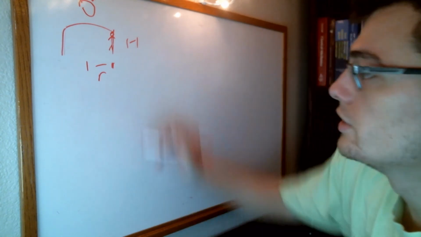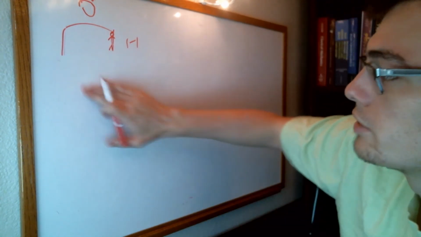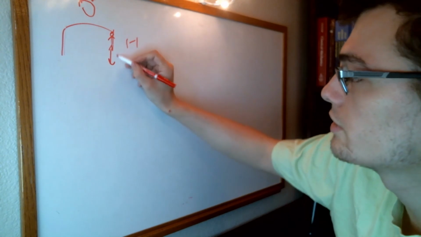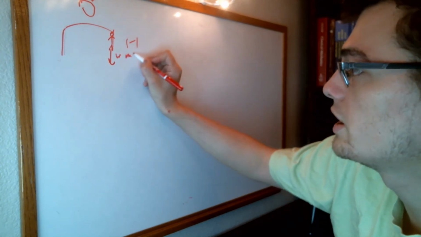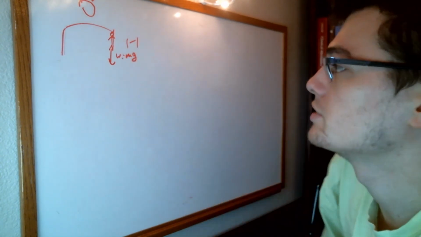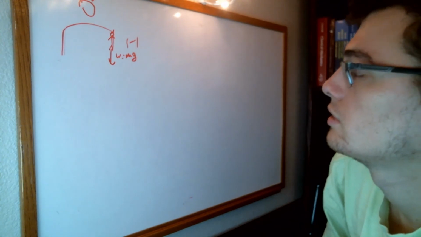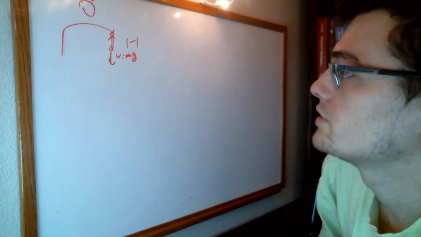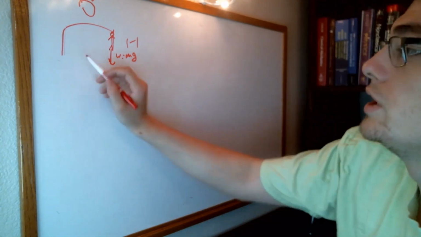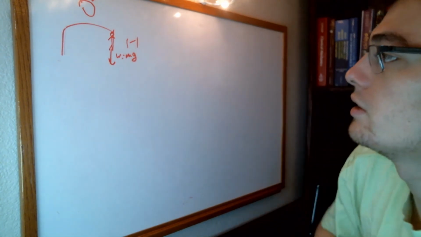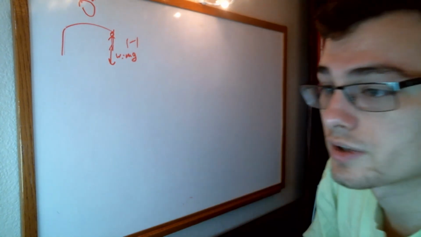So in this case, I'm going to erase this and draw the person here. They're going to have weight here, where W is going to be equal to mg. And so we need to make sure that this person sticks here, right?